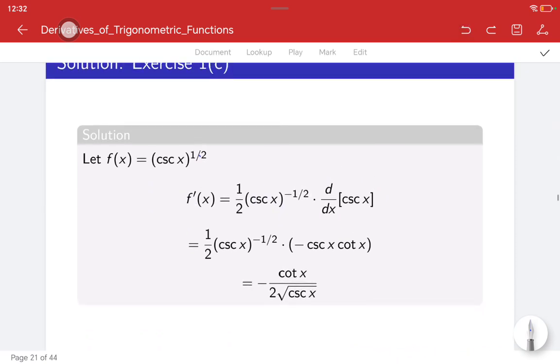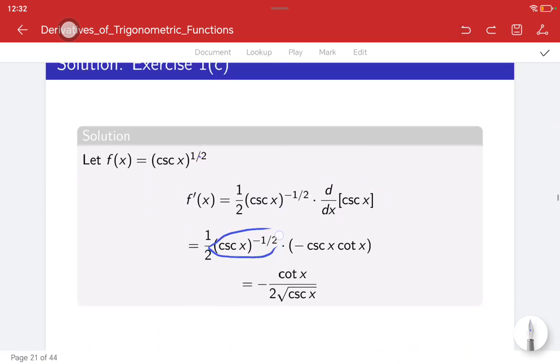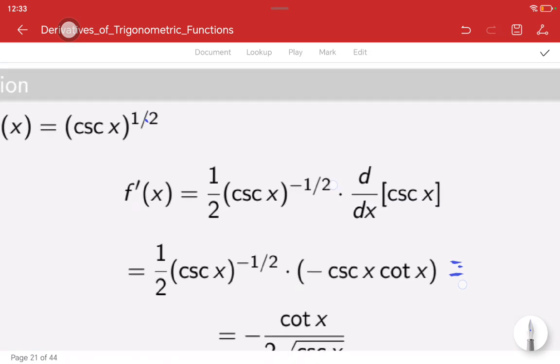From here, we now take this to the denominator. Remember, when we take this to the denominator, it's going to become this on the denominator. Let me write it here.